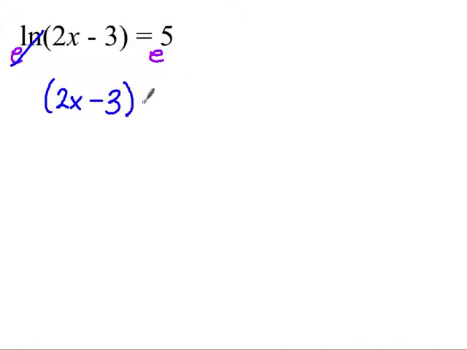No, you don't need to put parentheses. In fact, I probably wouldn't have even written them. And so I have equals e to the 5th. So in order to solve this, the first thing I'm going to do is add 3. So I end up getting e to the 5th plus 3. And then the last thing I'm going to do to solve is divide by 2.